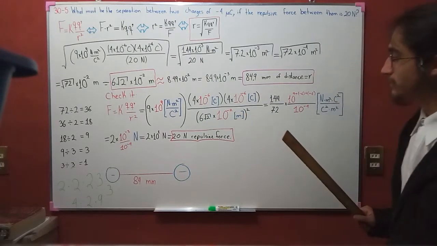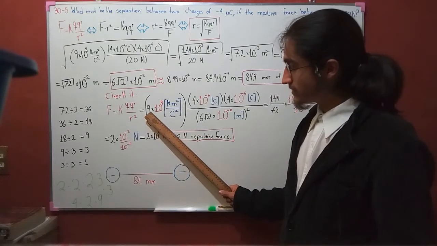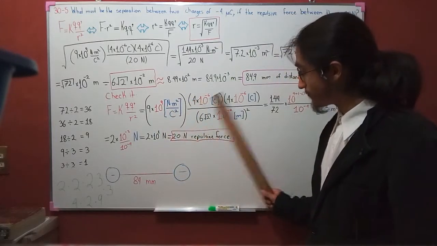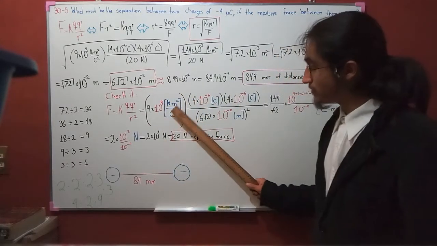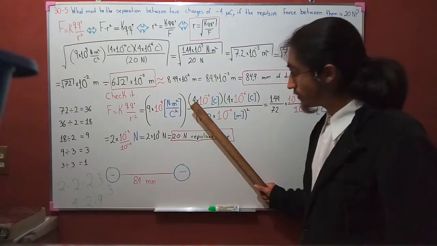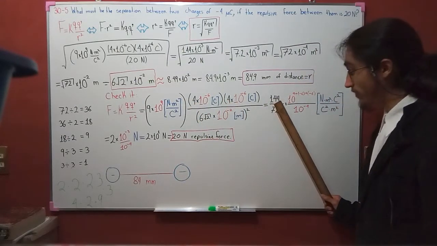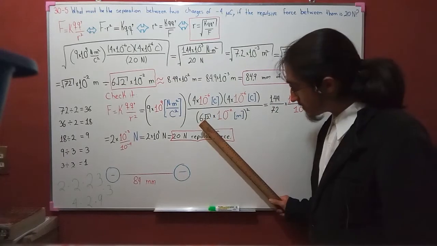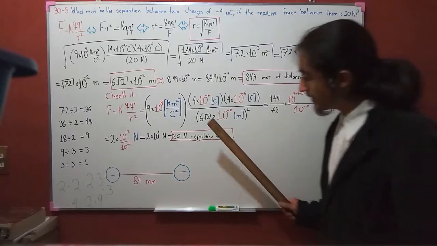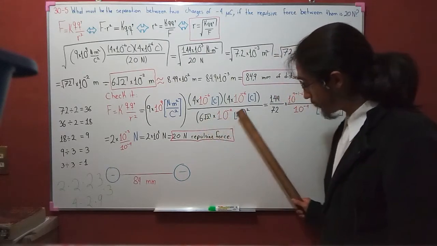Now I have to multiply these numbers of black, and then multiply these numbers of red, and then multiply these units of blue. So 9 multiplying 4, 36, and 36 multiplying 4, 144. 6 times the square root of 2 squared is equal to 6 squared multiplying the square root of 2 squared.